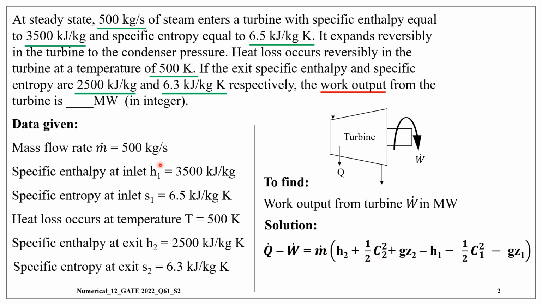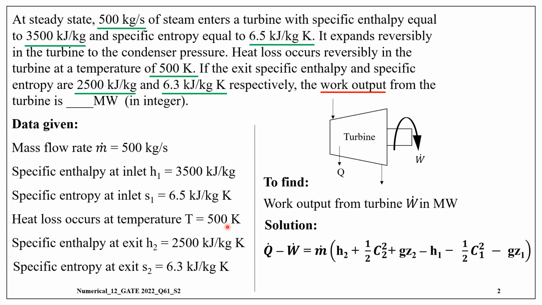H1 is given. We can neglect kinetic energy terms and potential energy terms since they are not given. Therefore, if you know what is Q dot, then we can estimate W dot. Q is not given, but the temperature at which it occurs is given.